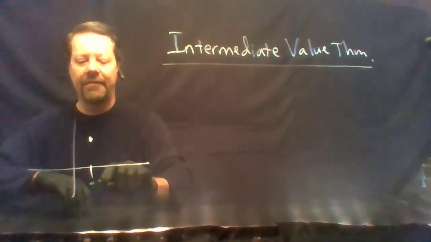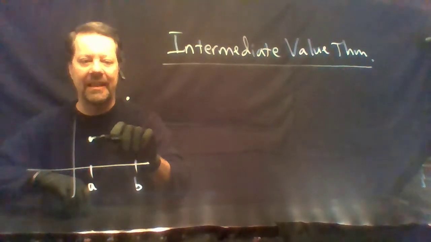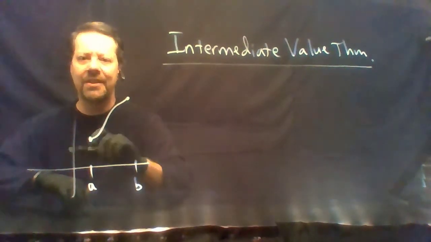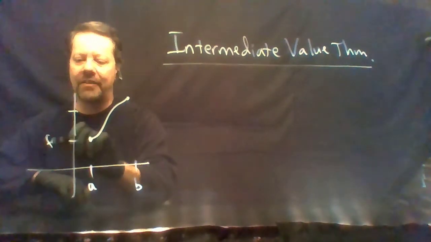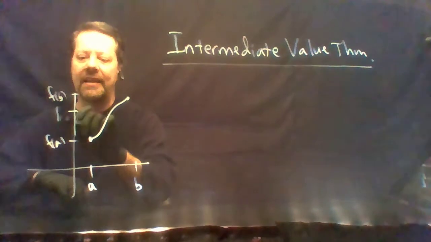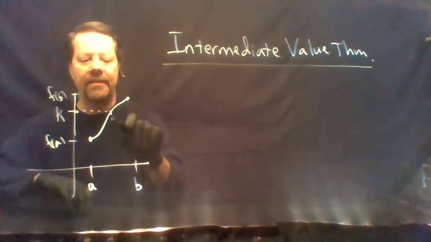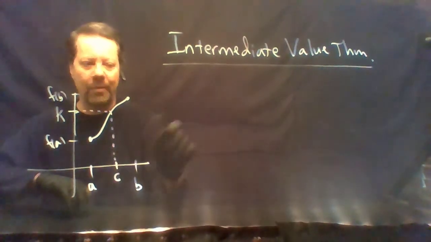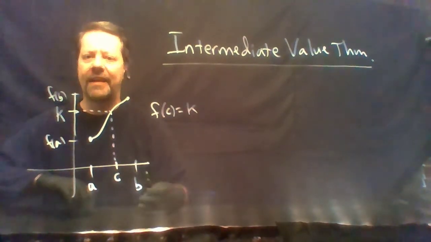If you have a function defined on a closed and bounded interval from a to b, and that function is continuous, if you choose any intermediate value between f of a and f of b, say some number k, then there has to be some point c in the domain where f of c takes on that intermediate value k.